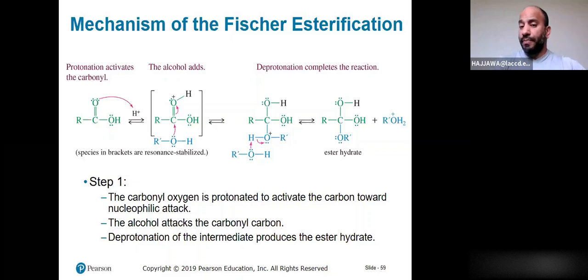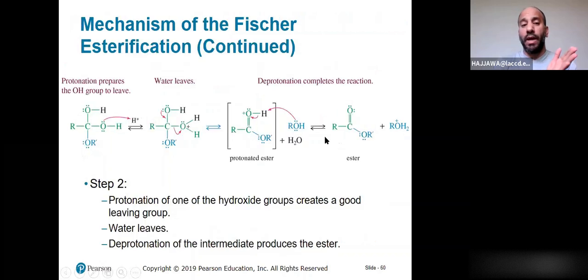Well, the medium alcohol will grab the hydrogen from the protonated oxygen of the alcohol side, and then it's going to give you this hydrate, and this hydrate will go through protonation, protonating one of the OHs to give you the protonated OH, and next delocalization of the OH to give you the carbonyl, and that will be the protonated ester.